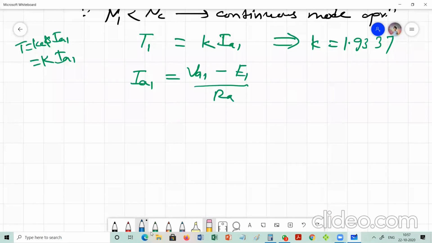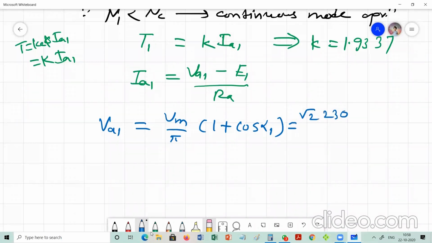For calculation of VA1, we can use the voltage equation for single phase half controlled rectifier. VA1 is equal to VM by pi into 1 plus cos alpha 1. You have to remember this equation. VM is equal to root 2 into 230, divided by pi, into 1 plus cos of alpha 1 equal to 60 degree.